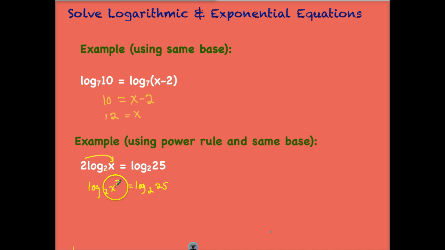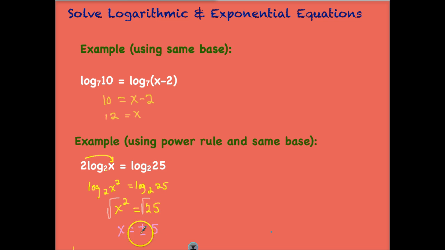From here, now you can see that since our bases are the same and our logarithms are isolated, we can solve for our objects. In order to solve x squared, we take the square root. The square root then gives us x is equal to plus or minus 5.